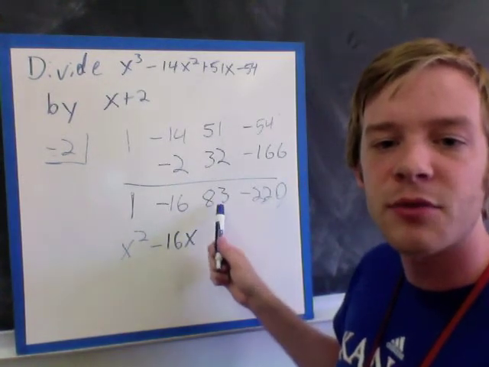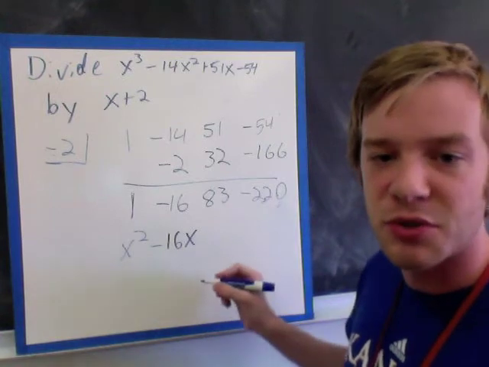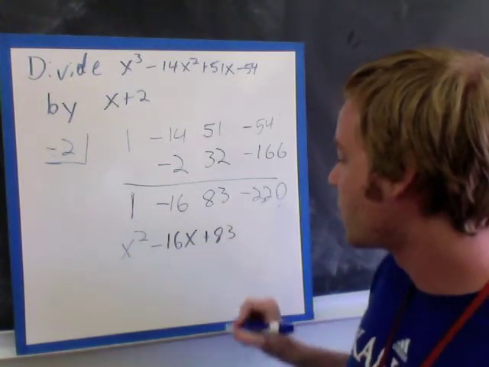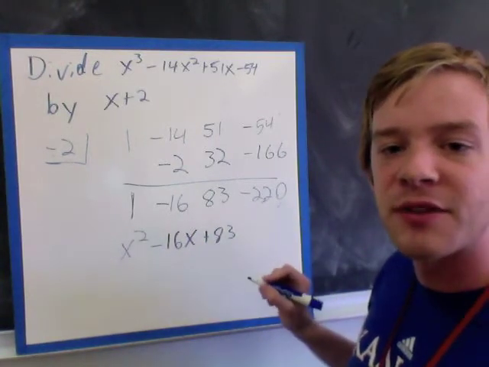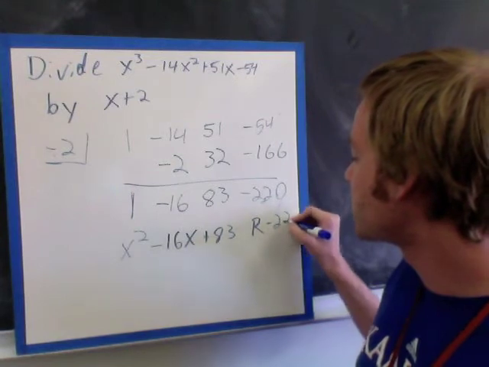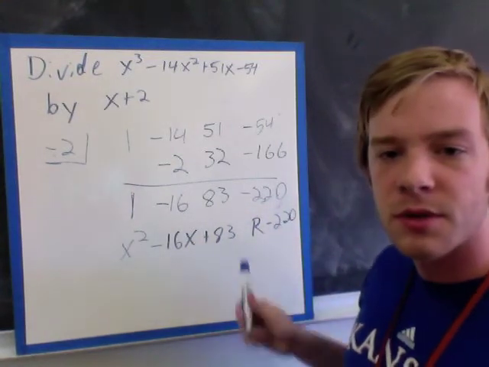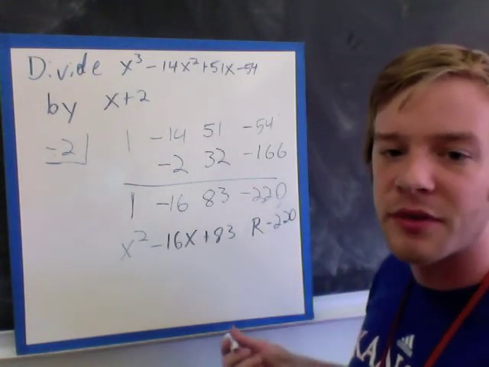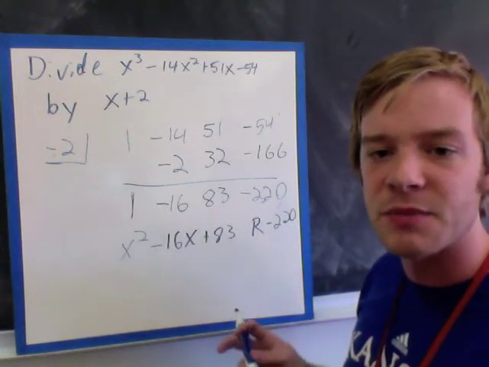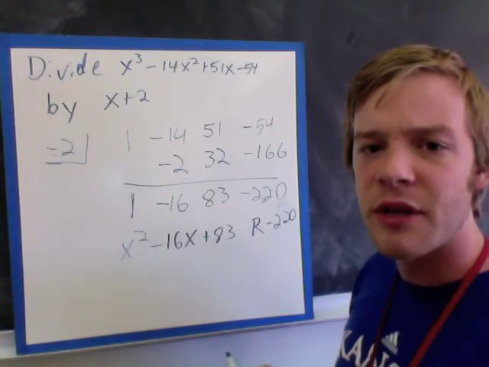Then the 83, if we keep going down in powers, the x goes away, so it's just plus 83, with a remainder of negative 220. So we now have a remainder, but we did divide, and it's okay to get a remainder on these problems. Let's take a look at another example.